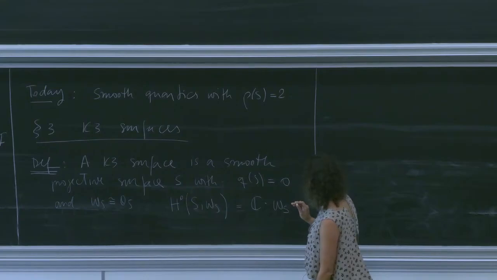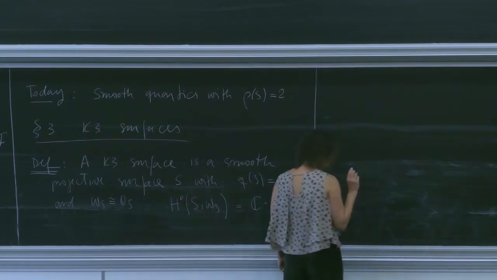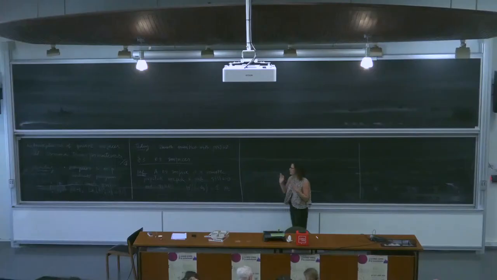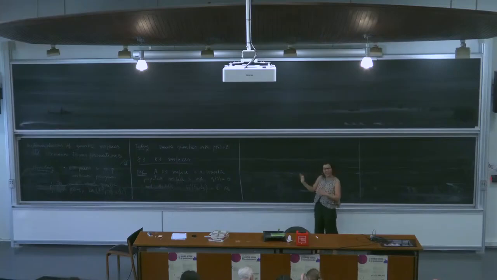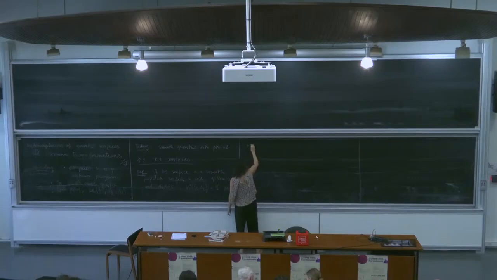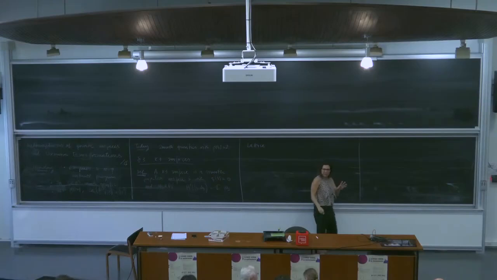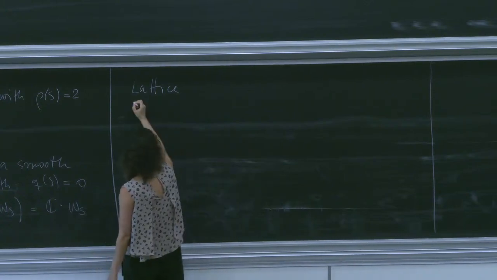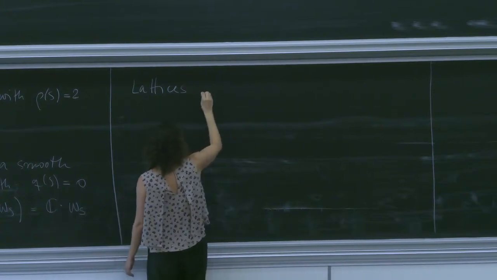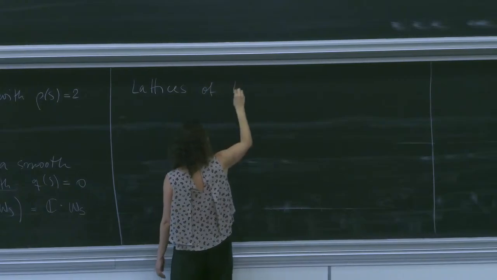Okay, so this is a K3 surface, and now I want to explain that there are some very natural lattices that are associated to a K3 surface. So let me introduce them. So a lattice for me is just a finitely generated free Z module together with a non-degenerate quadratic form. So lattices of a K3 surface.